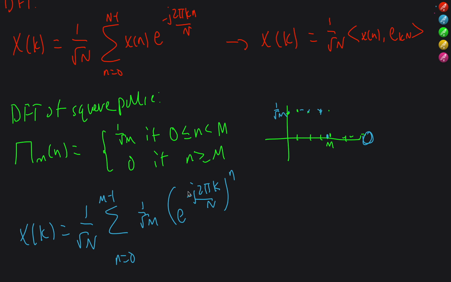Not as important, but if you were given a problem that says find the DFT of this function, this is how you would do it, and then you would just go about simplifying that sum.